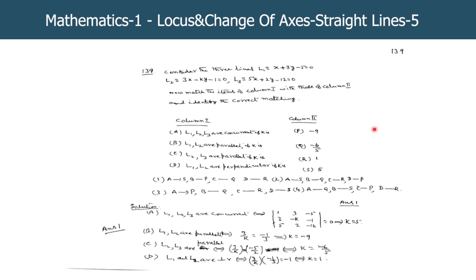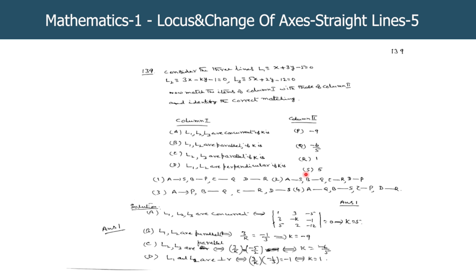Here in this question, he has given three lines and some properties of the lines in column 1 and some properties of the lines in column 2, and you are asked to match the items of column 1 with column 2, and the options are given here: 1, 2, 3, 4.